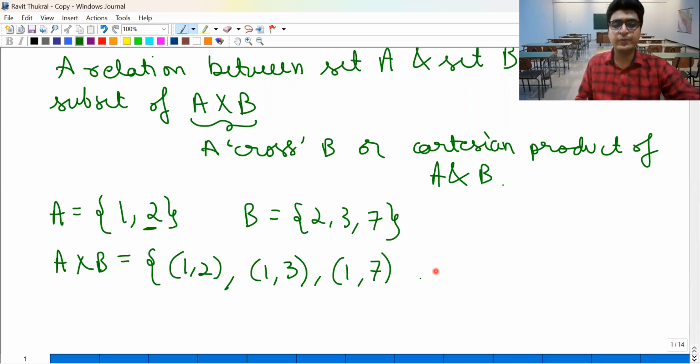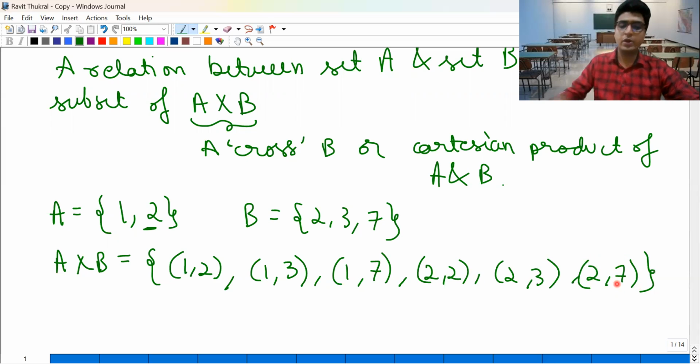Then we do the same thing starting from 2: (2, 2), (2, 3), (2, 7). So this is the Cartesian product of A and B. All right.